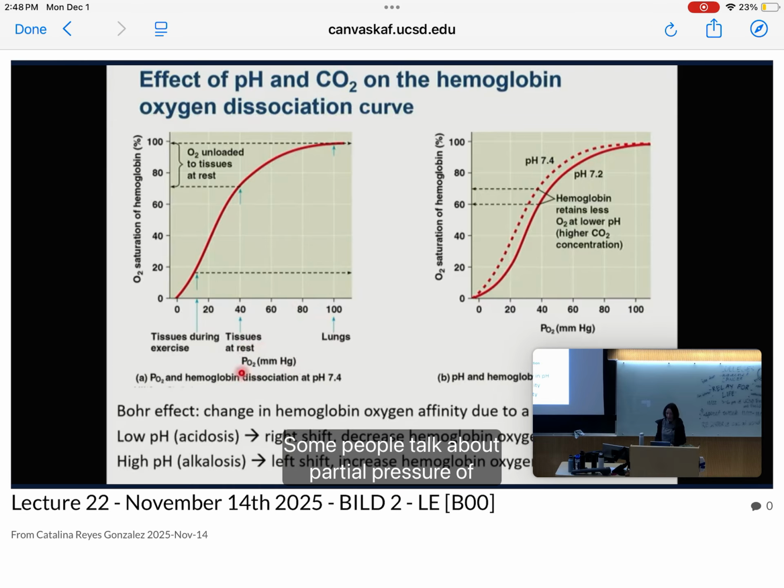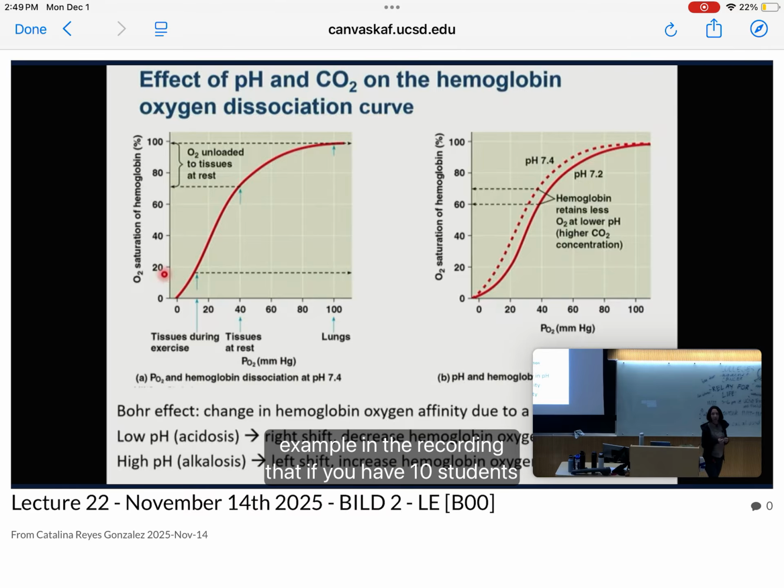Some people talk about partial pressure of oxygen in the air of the lungs, so alveolar PO2. But bottom line, the partial pressure of oxygen, which correlates with the amount of oxygen in a certain medium, blood or air, is the main determinant of what the hemoglobin oxygen saturation is.